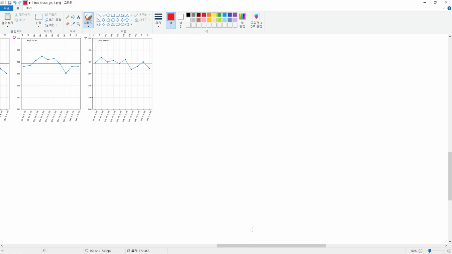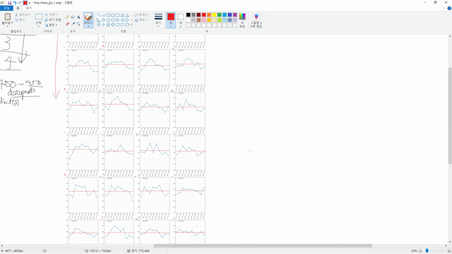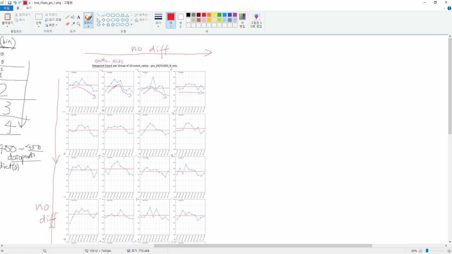Okay. So, I don't think I could say that. I mean, I'm not running any statistical testing here. I haven't done that yet, but it doesn't seem that there's much of a difference when it comes to data point counts.